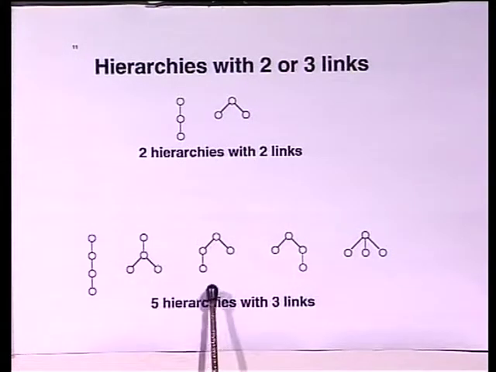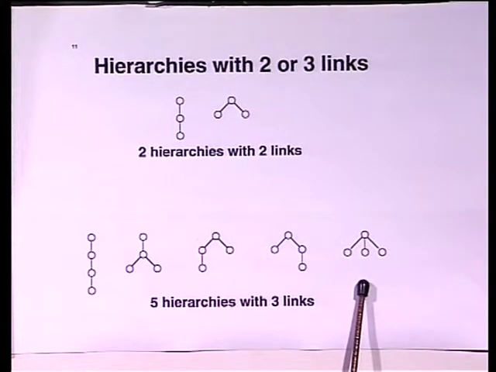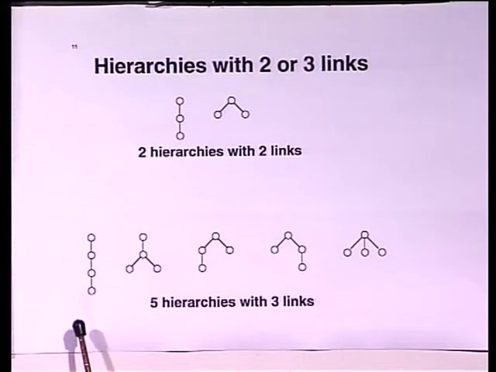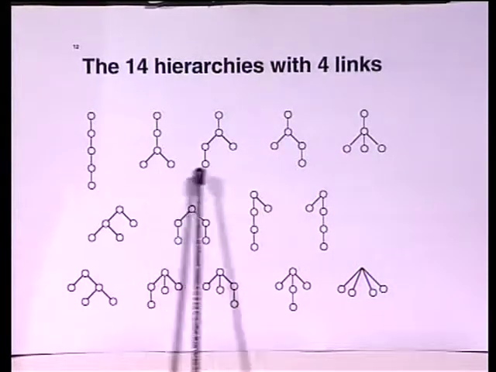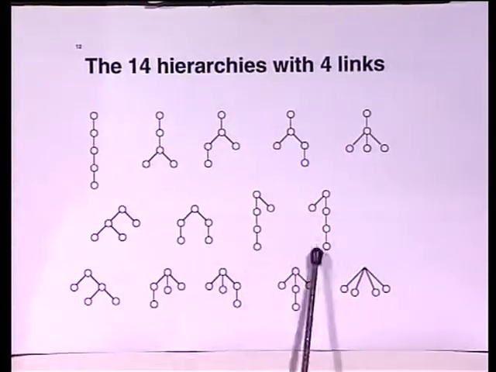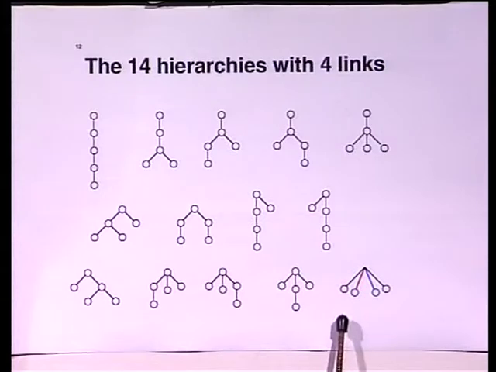The 5 hierarchies with 3 relationships are listed here, and at this stage you might be experiencing a sense of déjà vu. We've seen these numbers 2 and 5 before. And if we now look at even larger hierarchies, this time with 4 relationships, we'll see that there are in fact 14 such hierarchies.